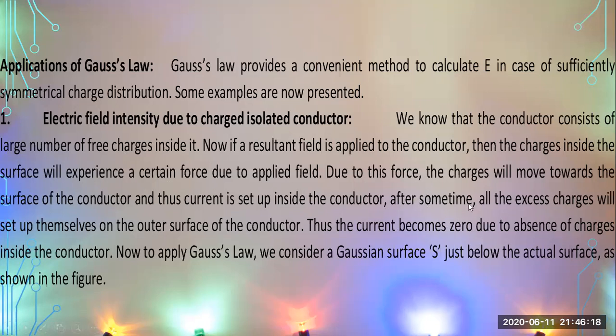So the excess charge will set itself on the outer surface of the conductor. The current will become zero due to the absence of charges inside the conductor. So now we will apply Gauss's law to calculate electric field intensity due to an isolated charged conductor.